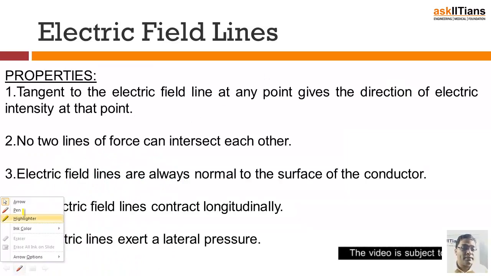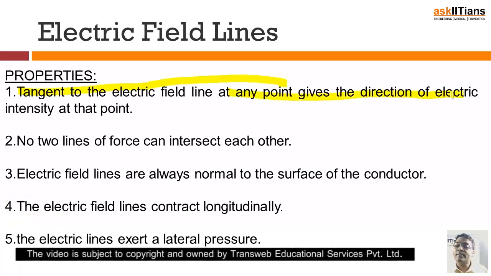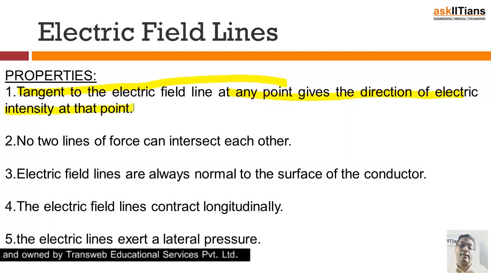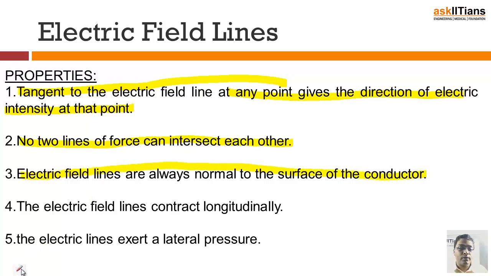So, the important points here. The tangent to the electric field line at any point gives the direction of electric field intensity at that point. No two lines of force or electric field lines can intersect each other. Electric field lines are always normal to the surface of a conductor. For instance, if this is my conductor which has some charges in it, the electric field lines are always going to be produced perpendicular to it.